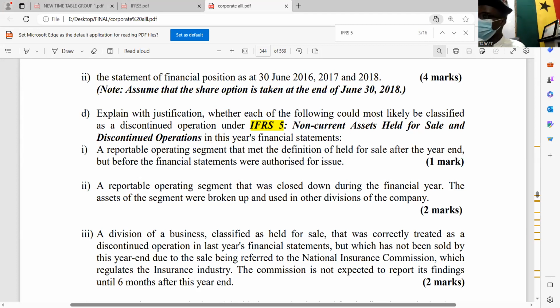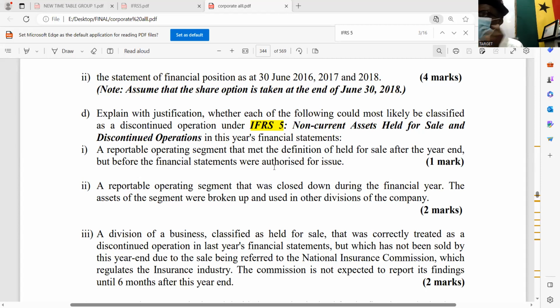So, you see, this is IAS 10, events after the reporting period. They make the definition after the year end, but before the financial statements were authorized. This is a final level exam question, but IAS 10 features in it.